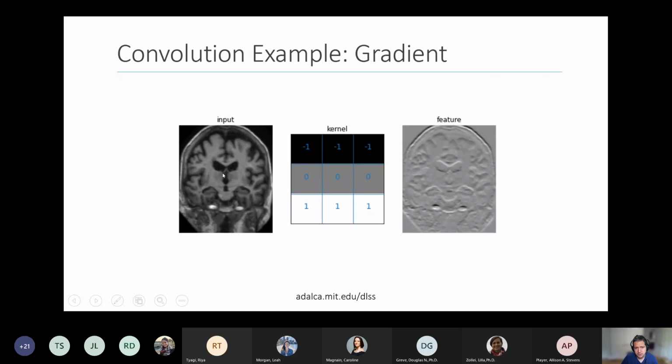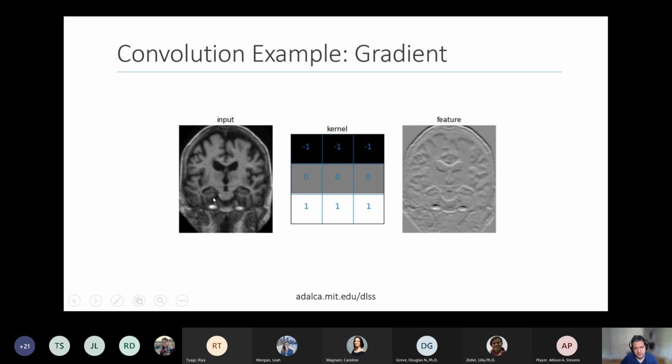So here's the input to a convolution. Here's a kernel that I'm selecting. So this is what we call a gradient kernel. It'll basically highlight edges in the image and the direction of the intensity gradient.